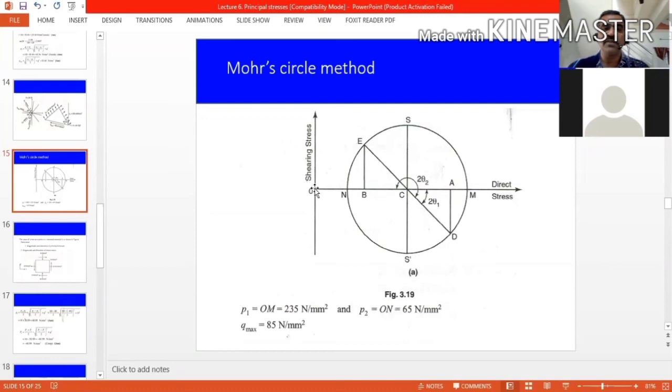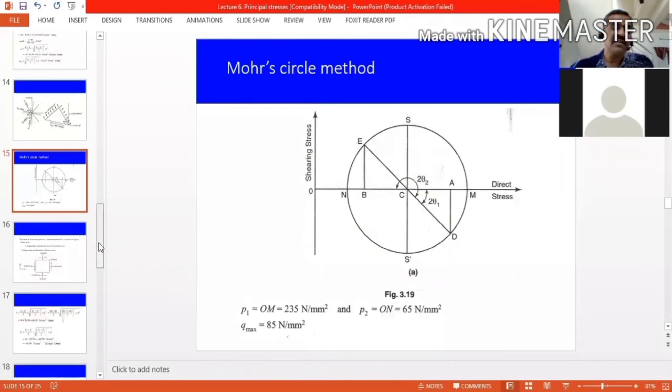Then for sigma 2, you measure the distance ON, multiply with the scale. And shear stress, that is the radius of the circle, multiply with scale. Already we calculated the value of 2 theta. From that you find the value of theta. Theta plus 90 is sigma 2. Theta plus 45 is tau max.